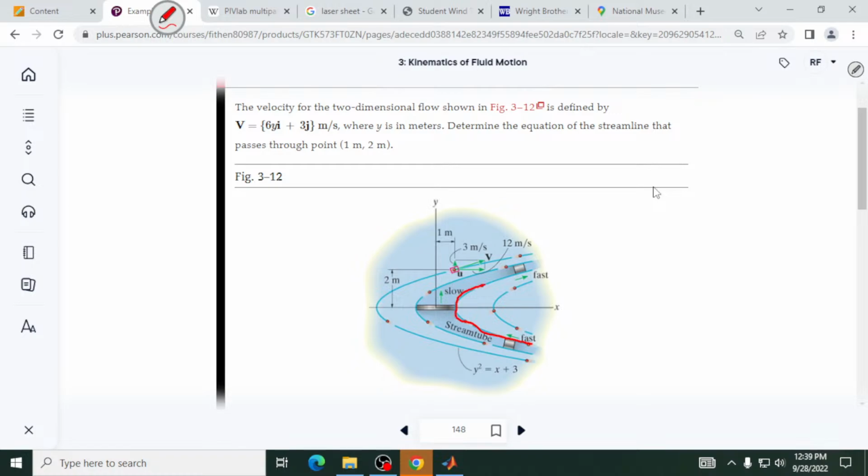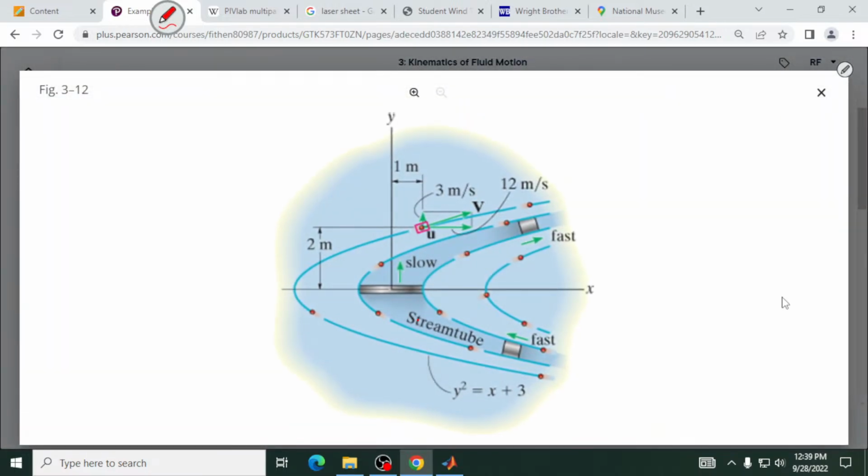Each one of those blue lines is a streamline. So if you really think about it, this is the way they used to think in the old days. So you have a slug of fluid sitting right here.